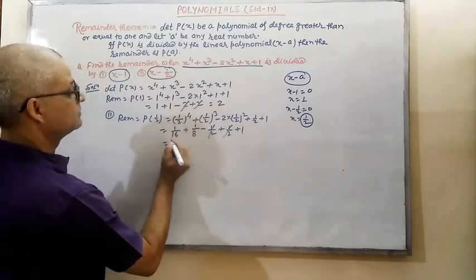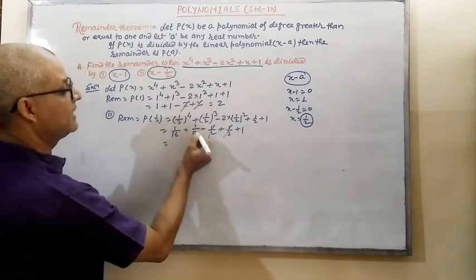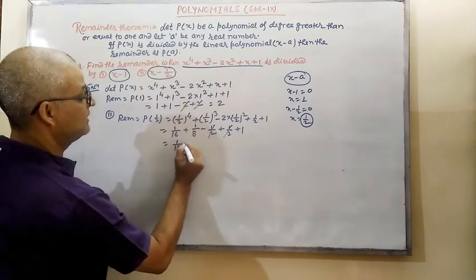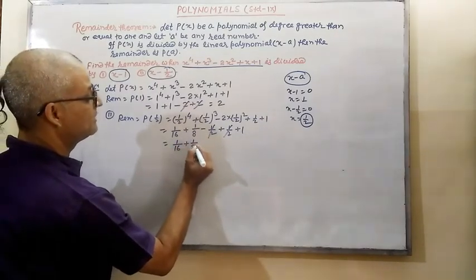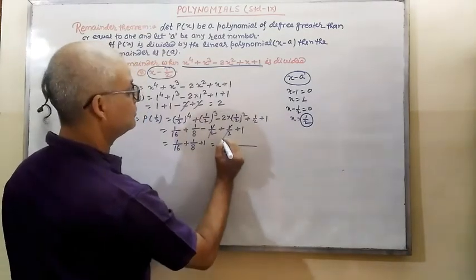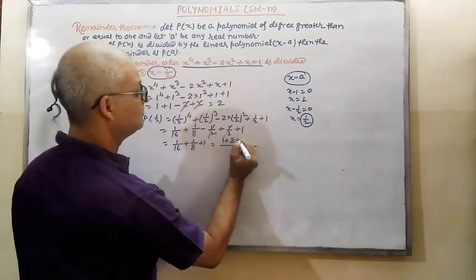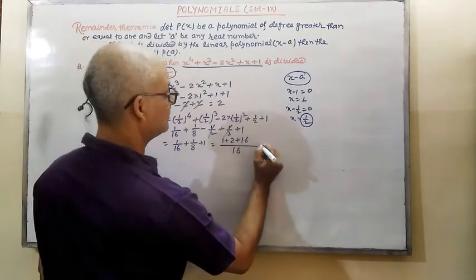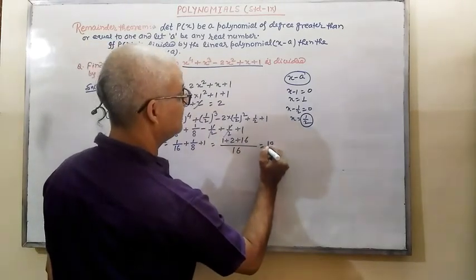So now 1 by 16 plus 1 by 8 plus 1. 16 LCM, 1 plus 2 plus 16. So that is 19 by 16.